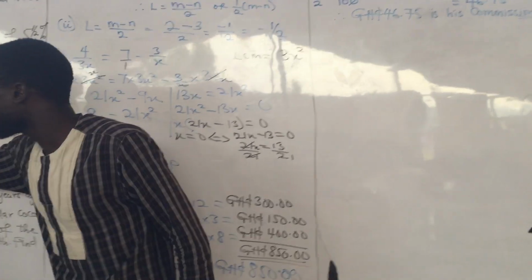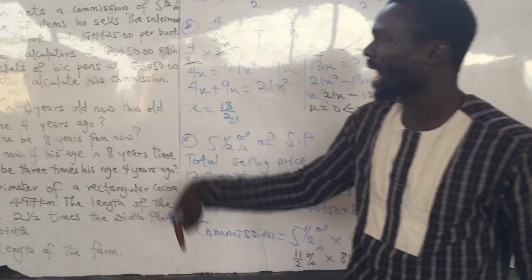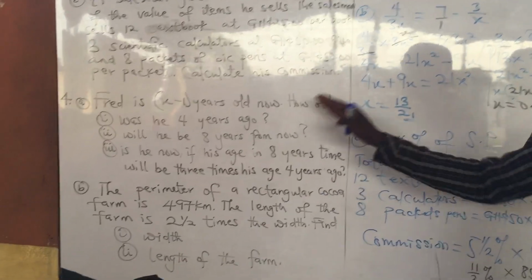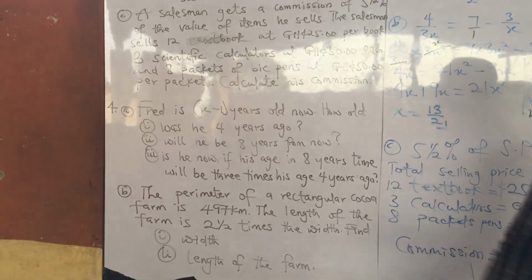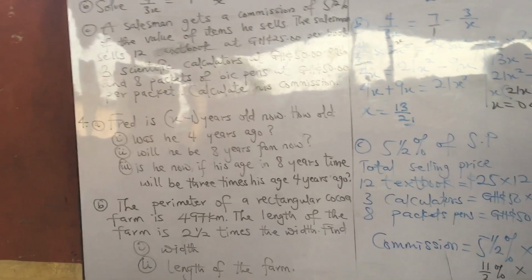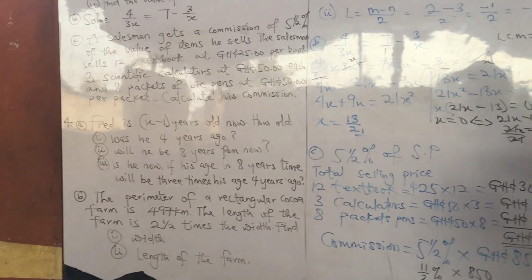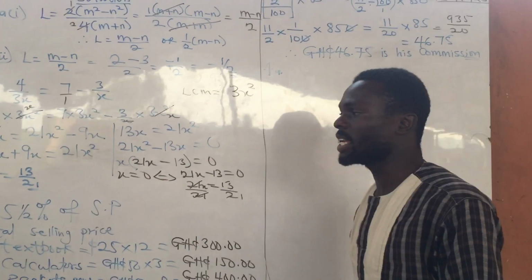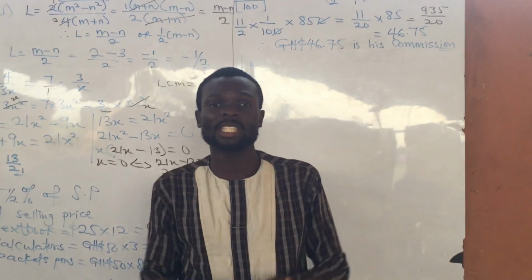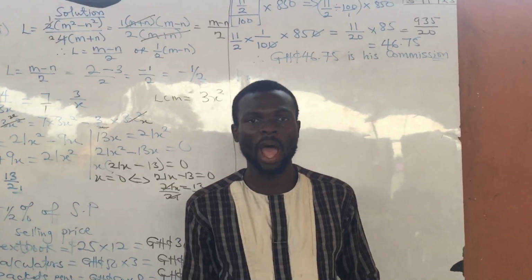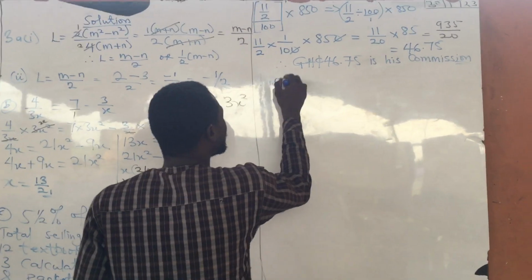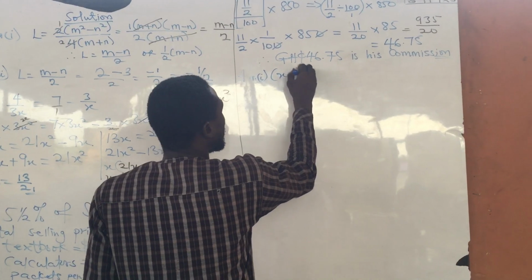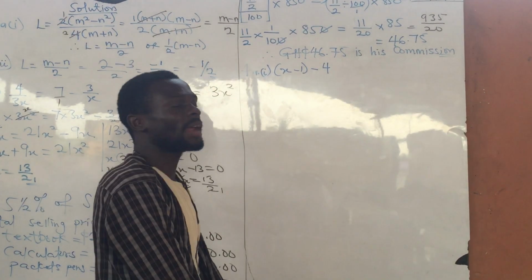Question 4. It says that Fred is X years old now. How old was he 4 years ago? So question 4A. How old was Fred 4 years ago? Now the age he was given now is X minus 1. So to calculate his age 4 years ago, we are going to subtract 4 from his current age.